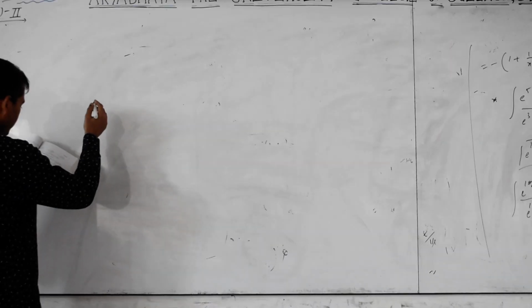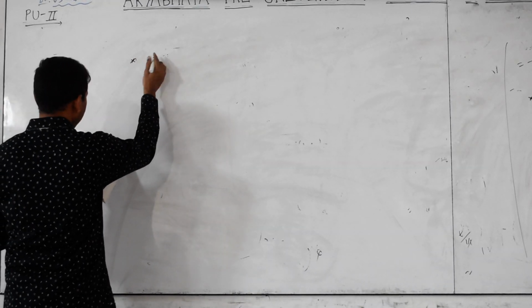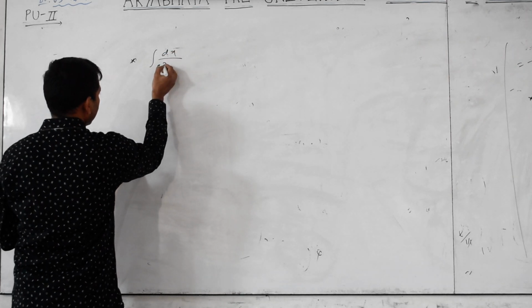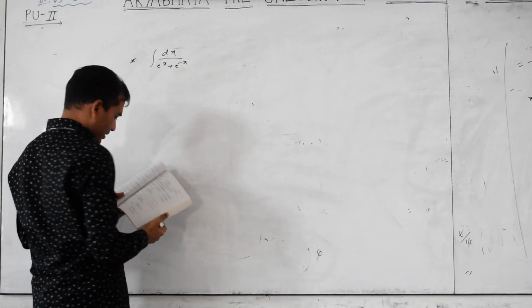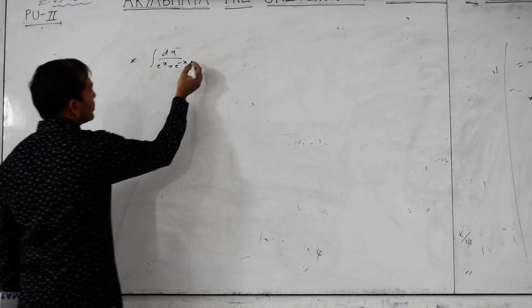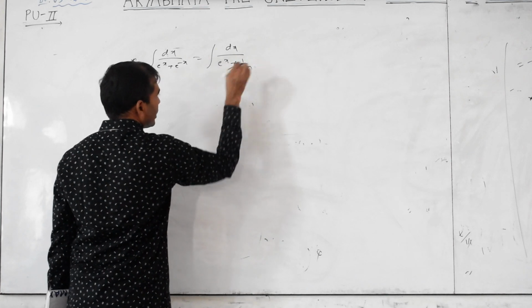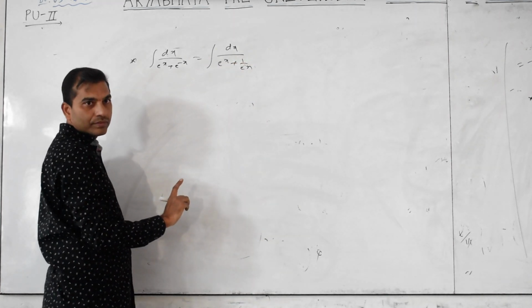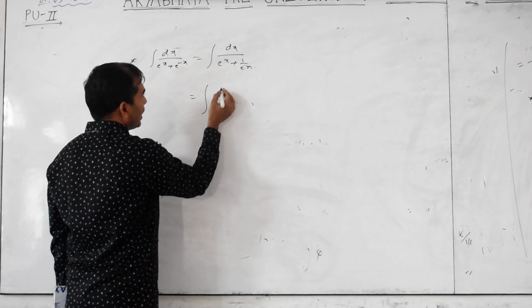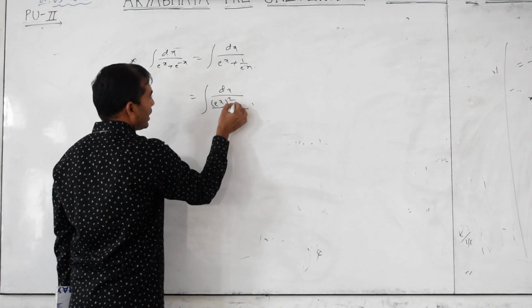Next, integration of dx by e raised to x plus e raised to minus x. That is dx by e raised to x plus 1 by e raised to x. Taking LCM here, dx by (e raised to x whole square plus 1).